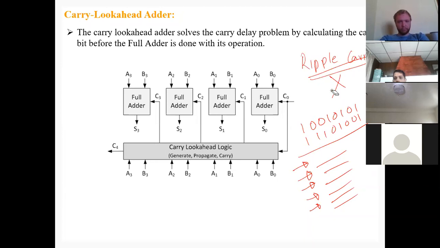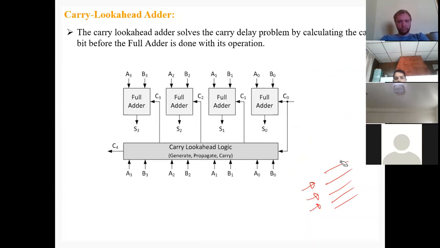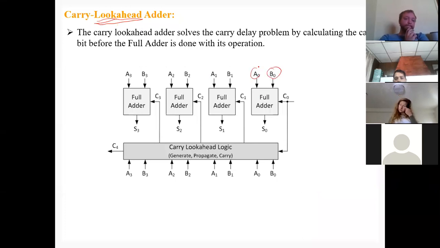So instead of having that kind of problem, what we design here is carry look ahead. Okay, what you do here is you send in the numbers, right? We know these numbers are sent in at the same time.